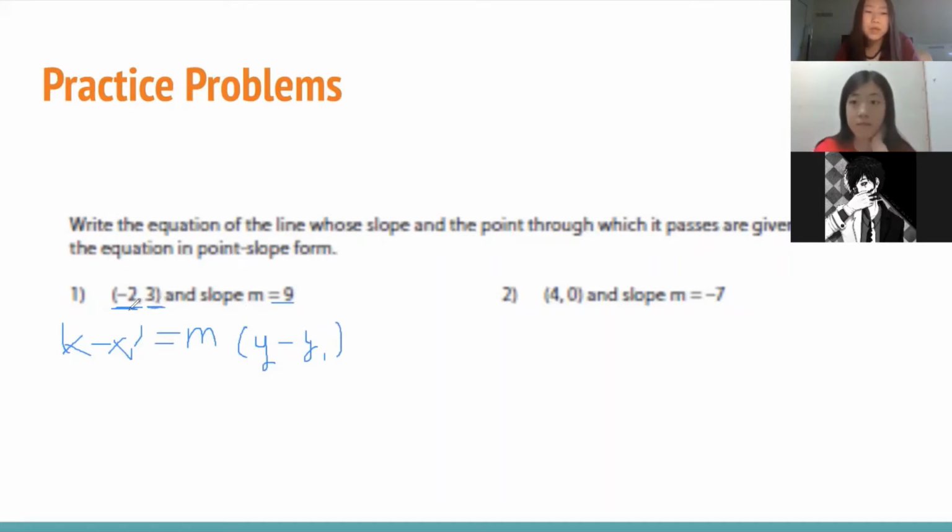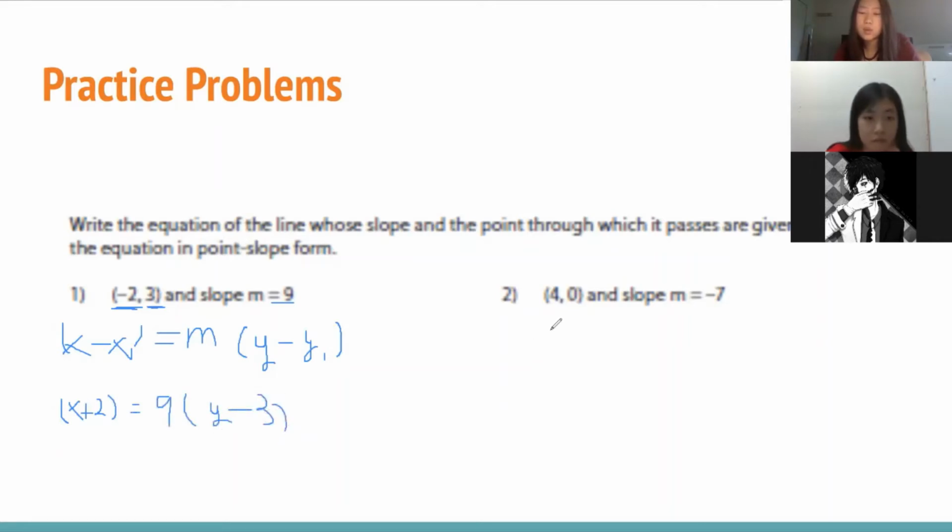And you would plug them in. That's easy. You just plug them in, which becomes x minus, it would be minus -2, so it becomes +2, equals 9 times y minus 3.